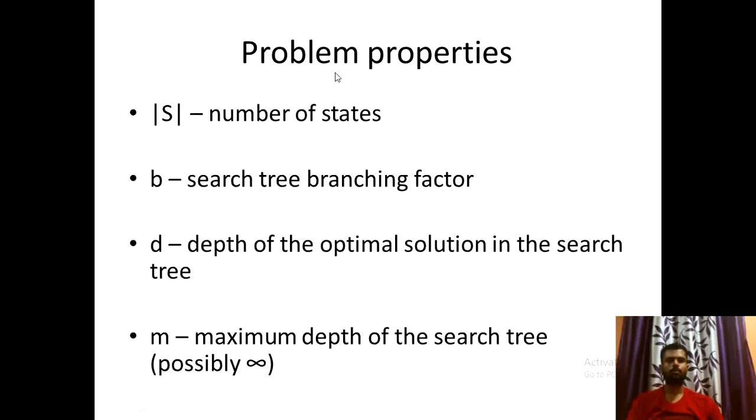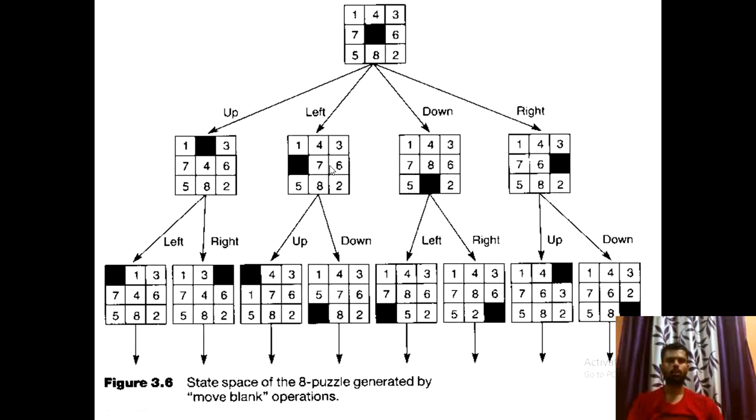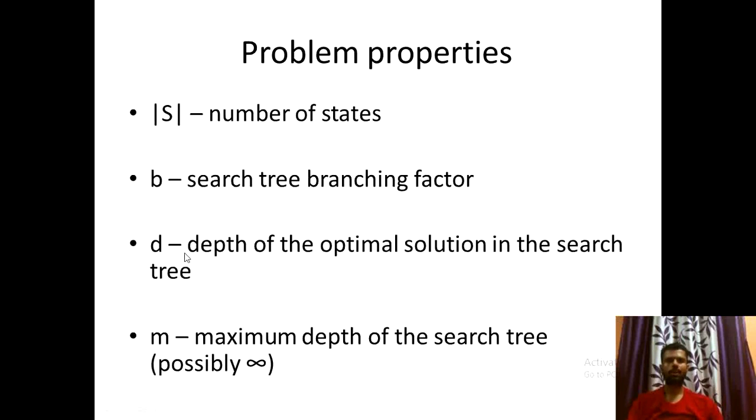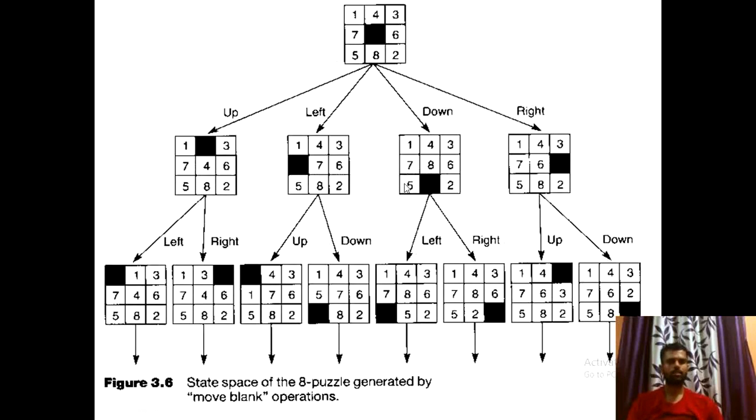So what are the properties of a problem? As we have discussed, S means the number of states. Here b is the branching factor. Branching factor means how many branches your problem has formed during the problem solving. Next is the depth of the optimal solution. So these are the branches, and depth means levels.